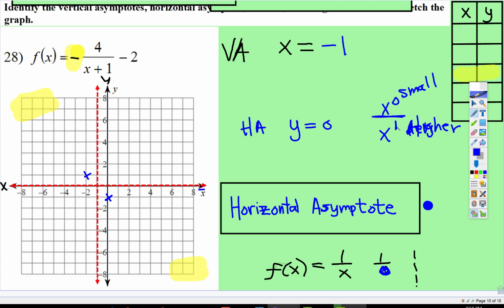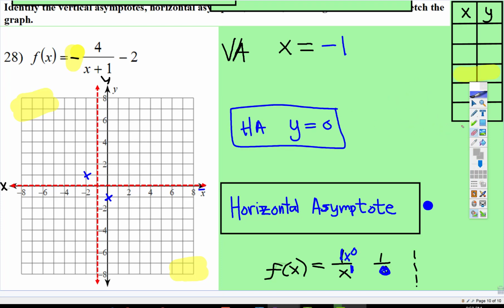That's x to the 0 over x to the first. The 1 means there's an invisible x to the 0 over x. When the degree is smaller in the numerator than in the denominator, the horizontal asymptote will be where y is equal to 0.